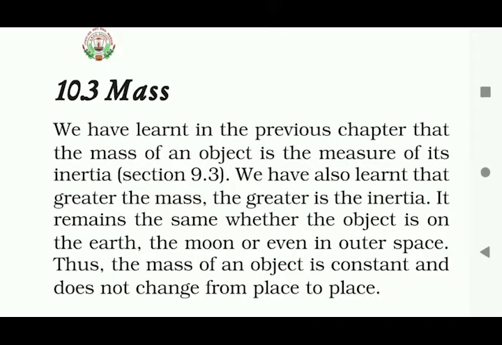The mass of a body is commonly measured by an equal arm balance, or we can say a common beam balance. And what is the unit of mass? The SI unit of mass is kilogram, which is written in short as kg.